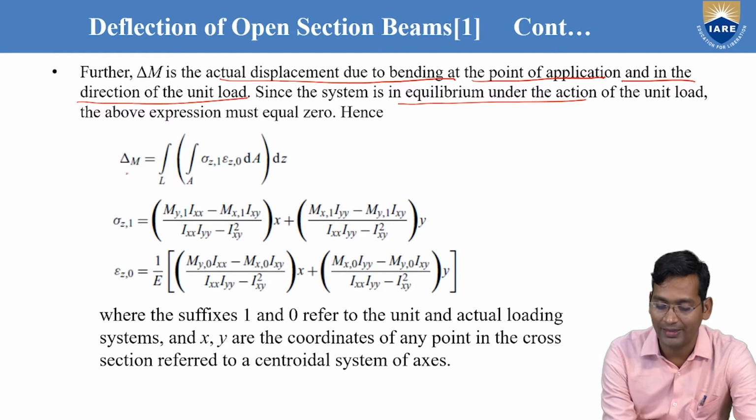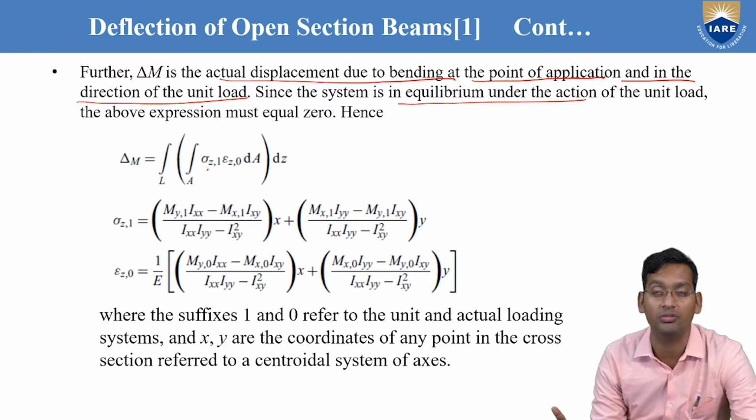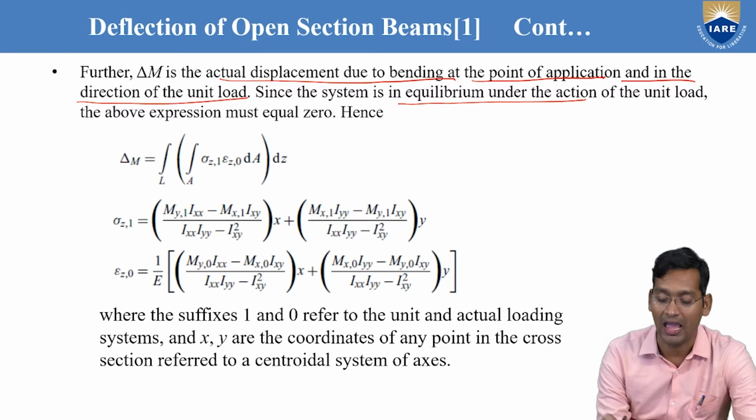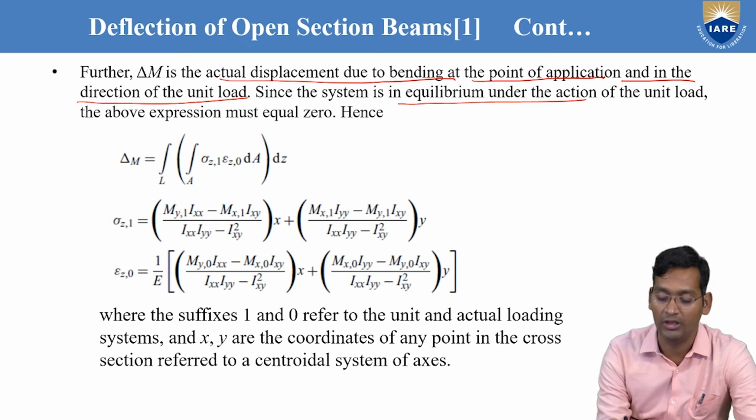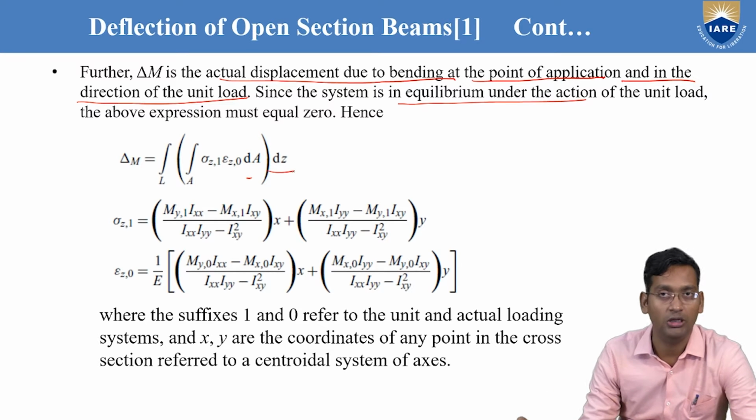So just see here that this delta m equals, that 1 is here because of the unit load. So integral of L, integral of A, sigma z,1 epsilon z,0 dA, where sigma z,1 represents sigma z for unit load, and epsilon z,0 because of the actual loading, into dA, and then whole integral.